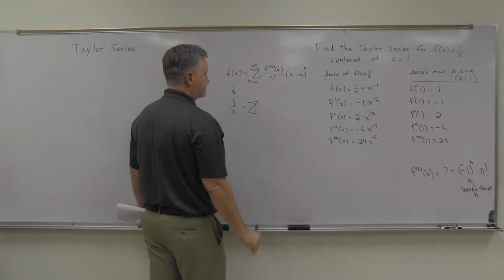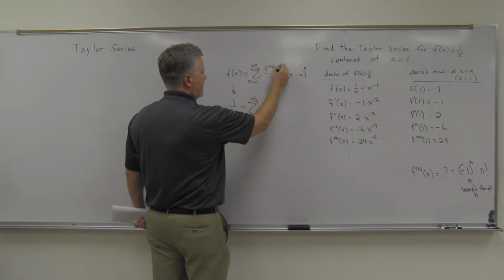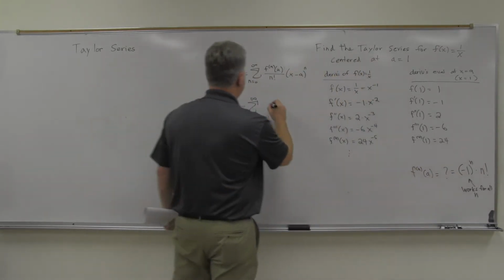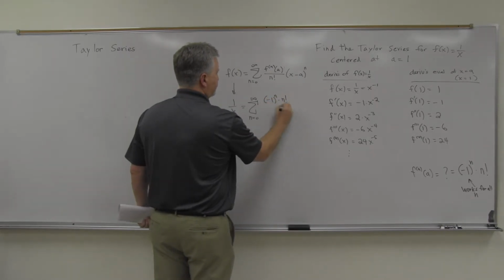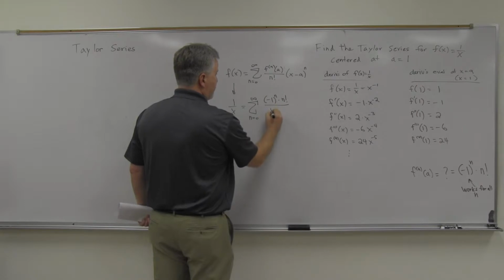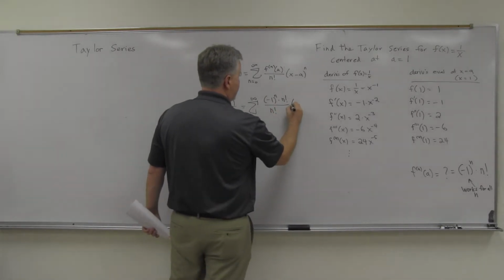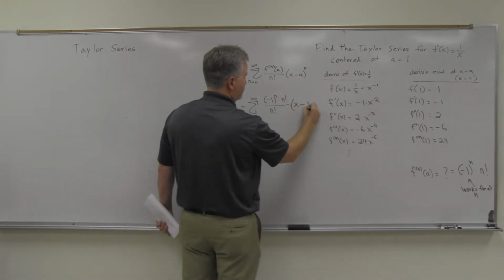Our nth derivative at a, well, we just established here, it's negative 1 to the n times n factorial. Then we're going to divide by n factorial. Hey, that's going to work because that's going to cancel out. And then times x minus a, well, again, the a is 1, so we're going to put that in.